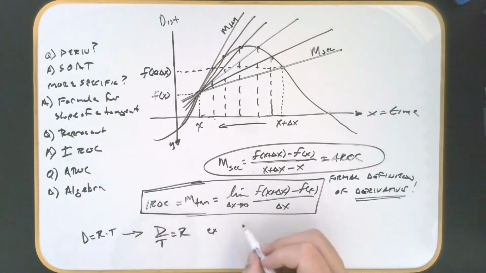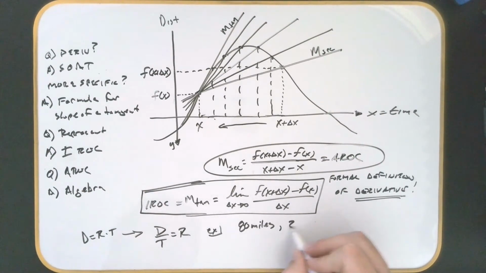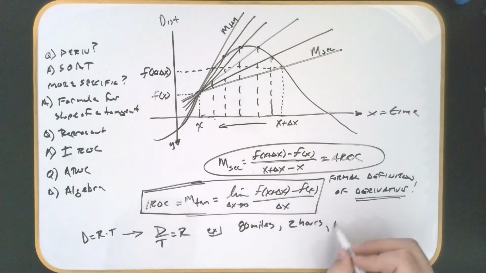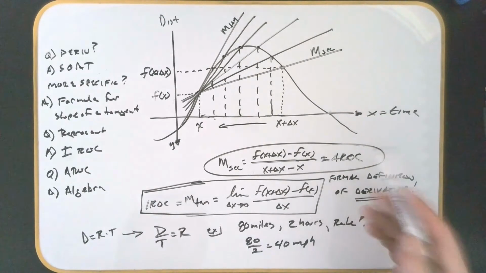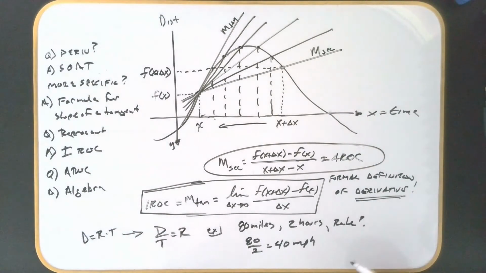So for example, I like to say, what if you drive to San Diego, and that's 80 miles away? Okay, you drive 80 miles and it takes you 2 hours. How fast were you going? Or in other words, what was your rate? And you just say, oh, well, 80 divided by 2 is equal to 40 miles per hour. Well, you know that you didn't go 40 the whole time. You were speeding up and going probably 100, and then you had to slow down with traffic, but on the average you did 40.